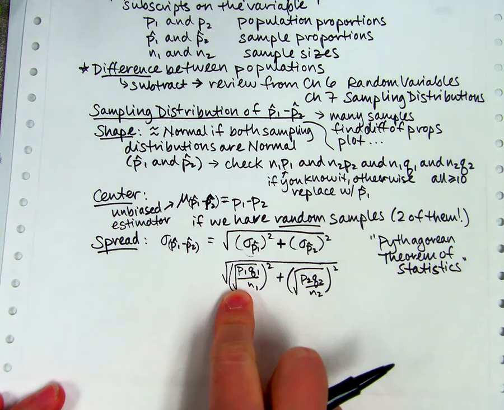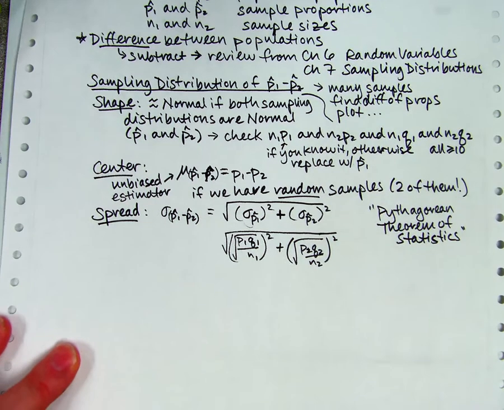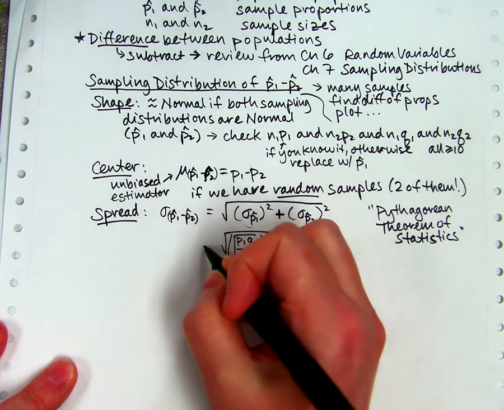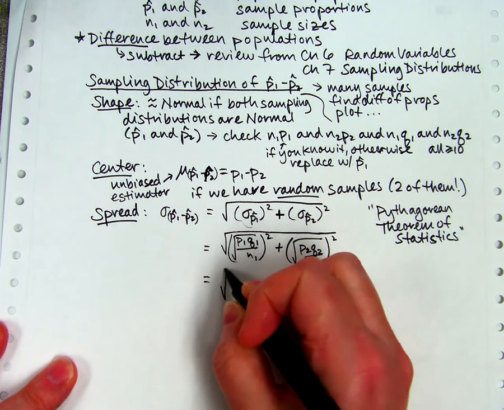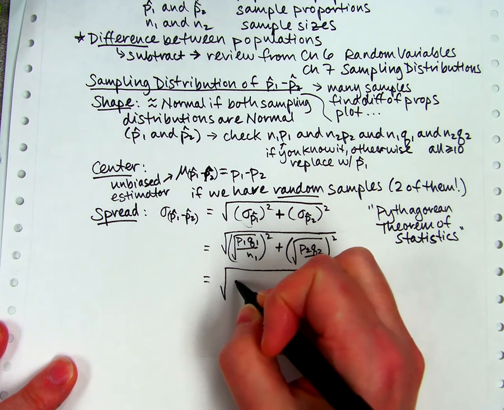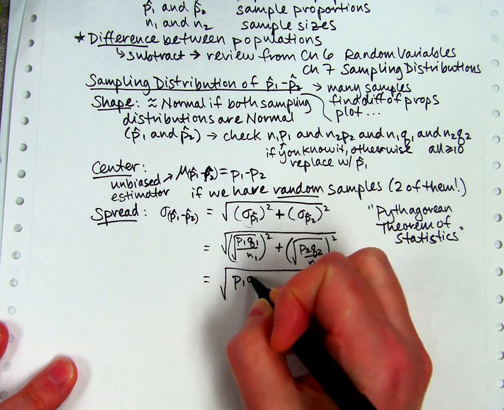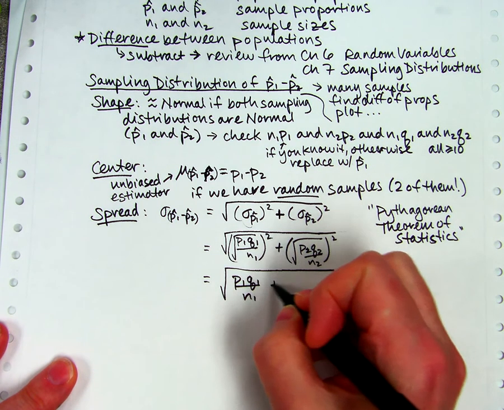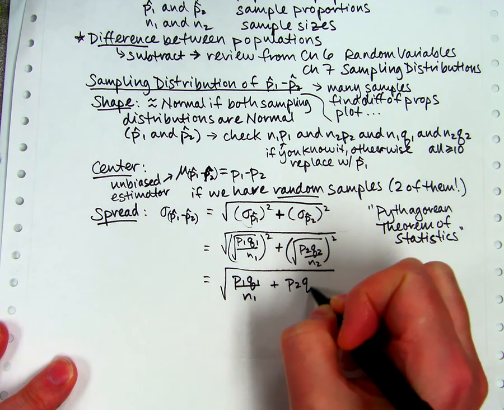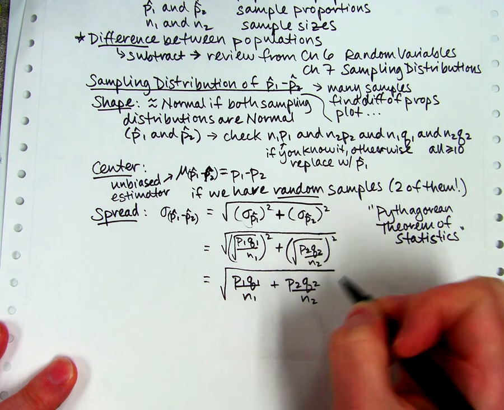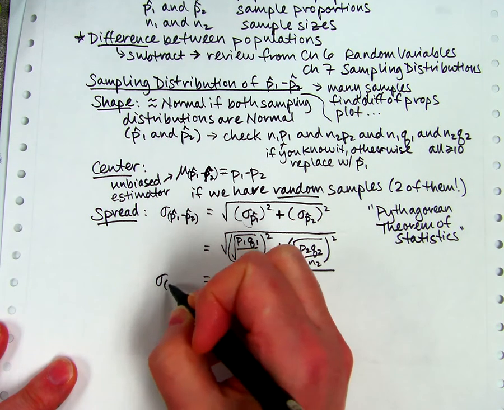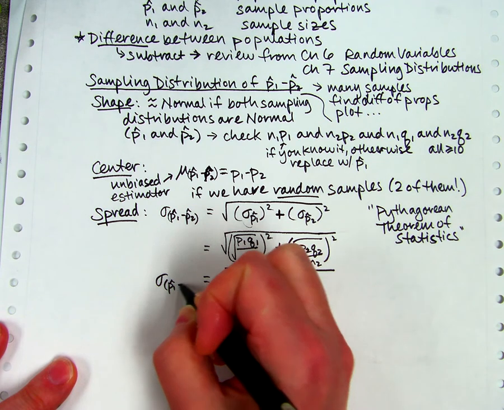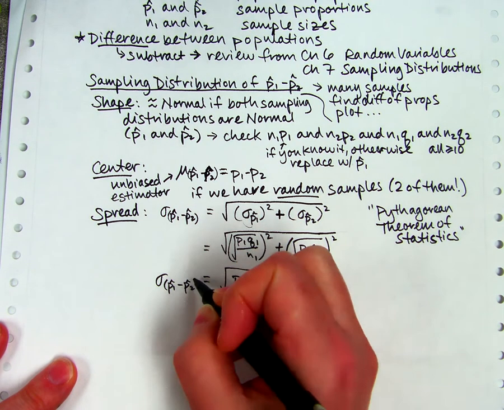So this piece is from chapter 7. And then notice that the squared and the square root, they cancel each other out. So we can simplify some more and make it into the formula we're actually going to use in this chapter, which is P1Q1 over N1, leave off the squared and the square root, and then do the same thing with 2. It's a little bit messy, this formula, but this is the formula we're going to be using for the rest of 10.1 for sure. This is the official formula.